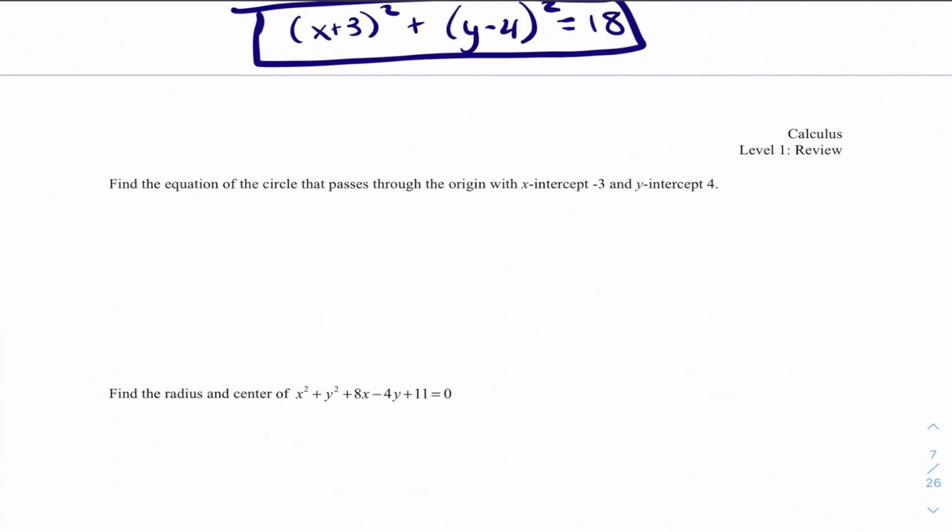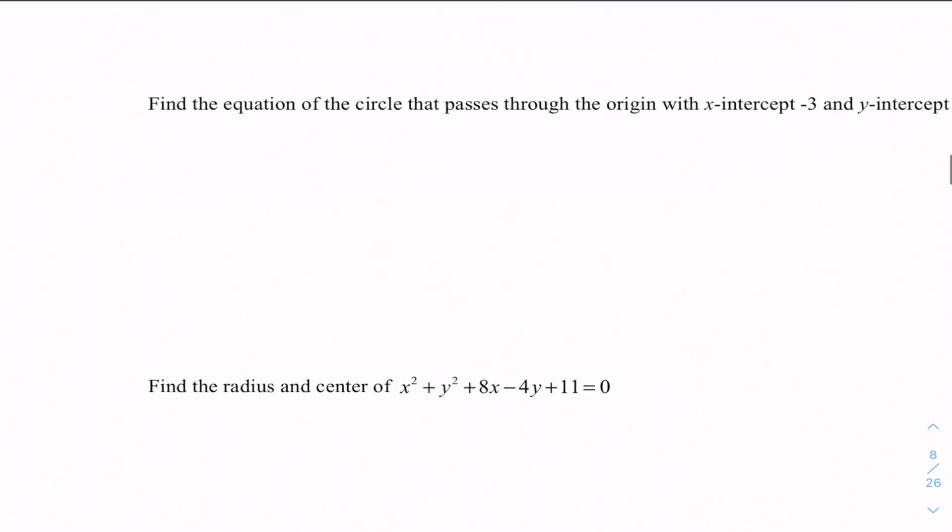The question that's not so simple here is: find the equation of the circle that passes through the origin with x-intercept negative 3 and y-intercept 4. So I challenge you to draw a picture here. If you're able to draw a picture, it kind of illuminates what this problem is asking you.